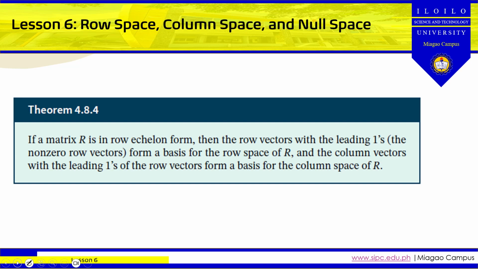And Theorem 4.8.4 also states that if a matrix R is in row echelon form, then the row vectors with the leading ones, which are the non-zero row vectors, form a basis for the row space of R, and the column vectors with the leading ones of the row vectors form a basis for the column space of R.